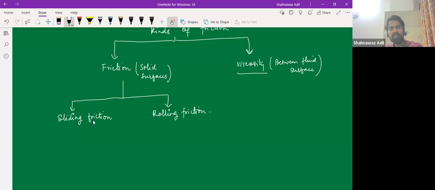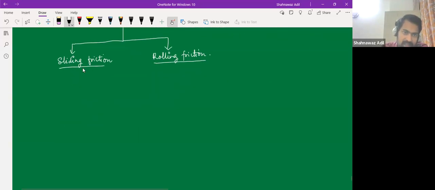If the objects are sliding on the surface, then it will have sliding friction, and due to rotational effect we will have some rolling friction. So these are the two kinds of friction, and then I talked about how sliding friction has three types.